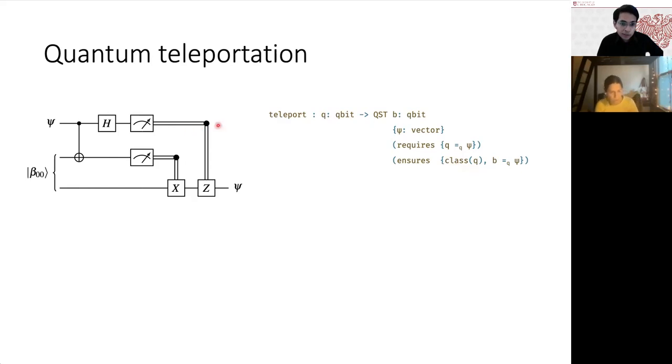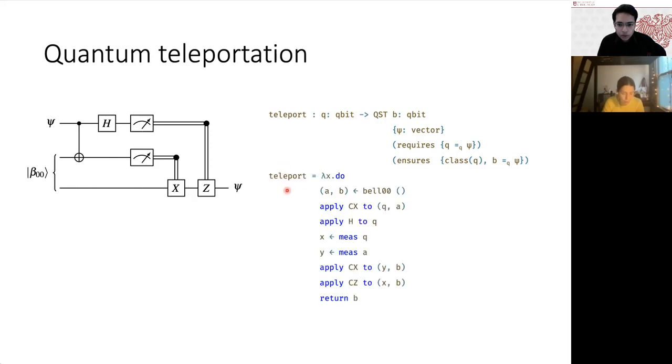It will become classical. And then the returned qubit will have the psi state. So this class Q postcondition is important here, because otherwise, at least symbolically, you could be just returning the given qubit Q directly as output and renaming it to B. So we don't want to allow that.